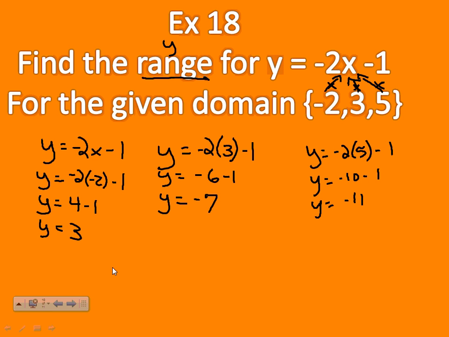And when x is 5, y is negative 11. And you can look right in your table. Find the matching point. Don't you wish you had this last year when you had to plug all those things in? Wouldn't that be nice? Okay, any questions on that? We're getting close.